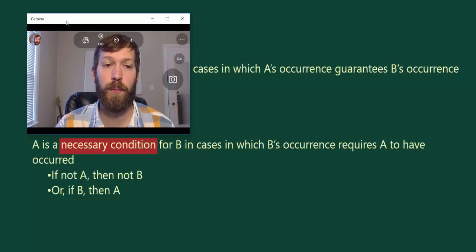Since A would be a requirement for B, if you don't get A, there's no way that you got B. If it turns out that Bob is not a reptile, there's no way Bob can be a lizard. If it turns out that Bob is not a bird, then there's no way for Bob to be a parrot. So if not A, then not B, or if B, then A.